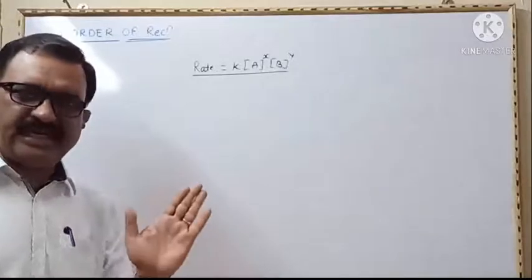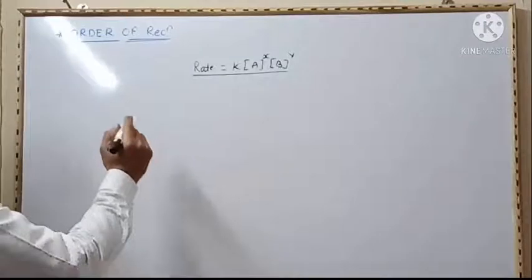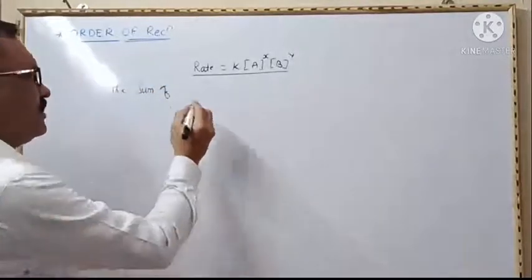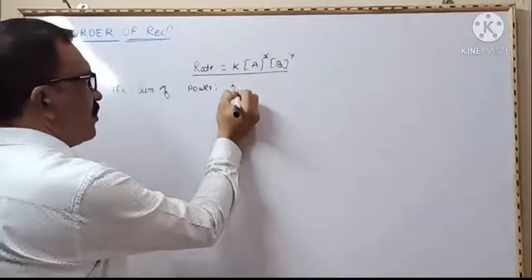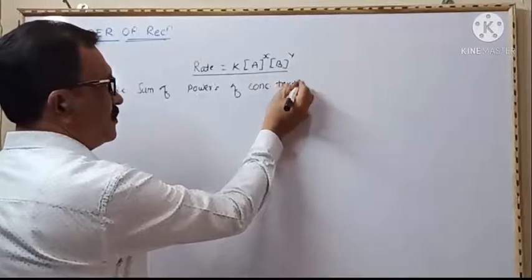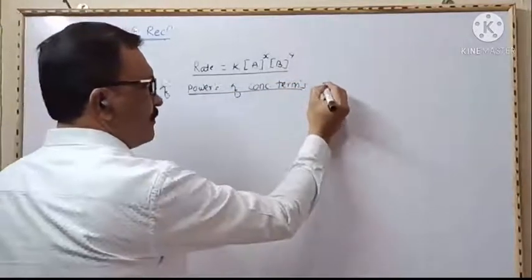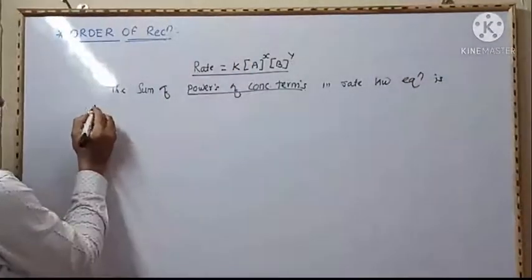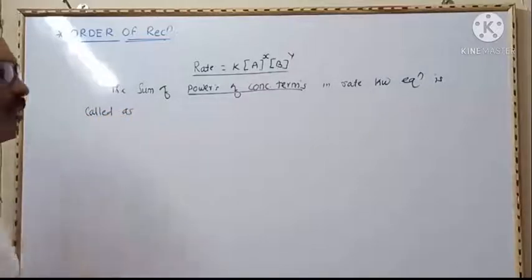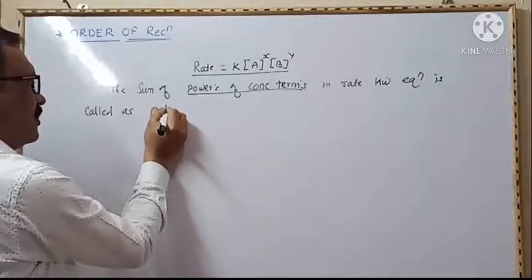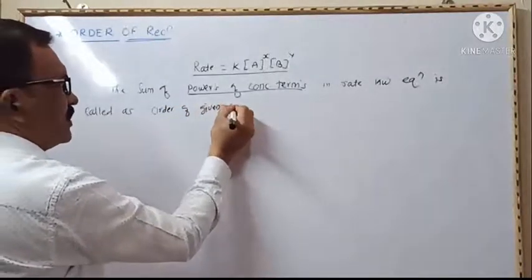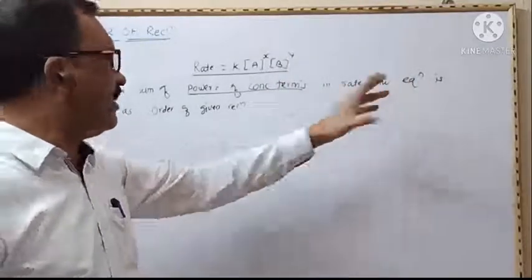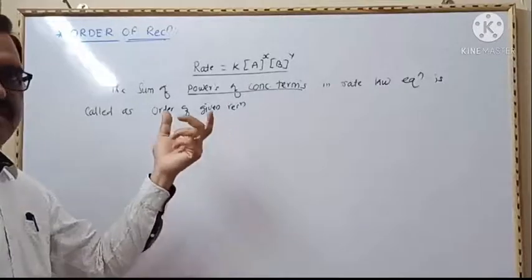Hence, in a given chemical reaction, the sum of the powers of the concentration terms in a rate law equation is called the order of the given reaction.